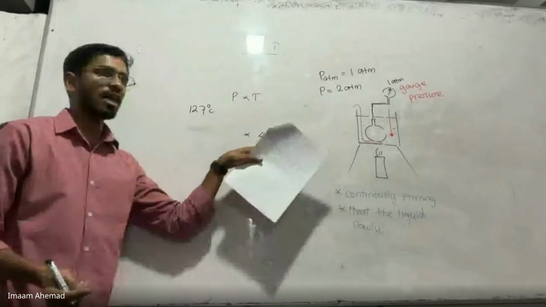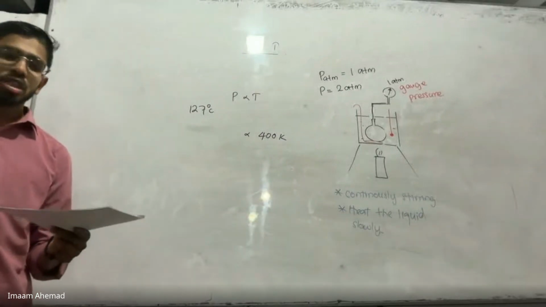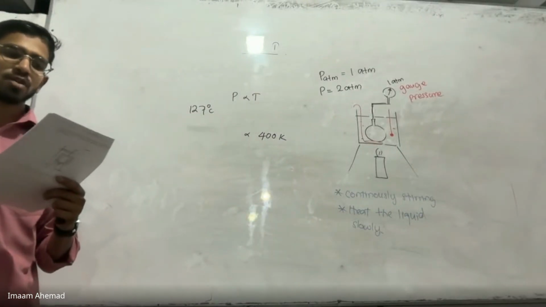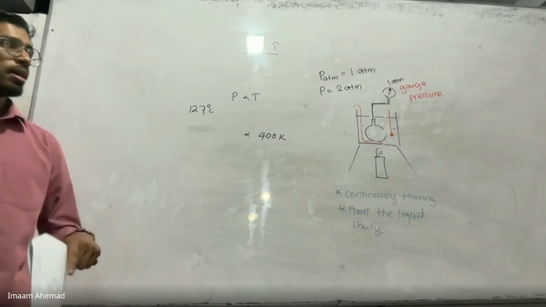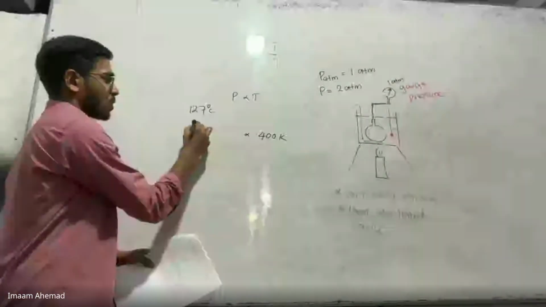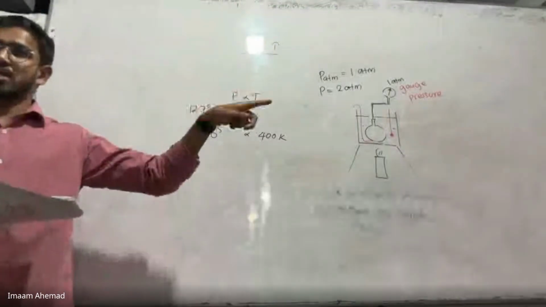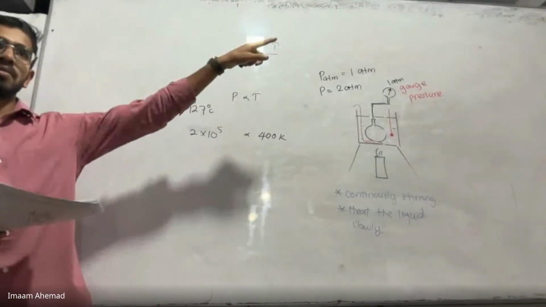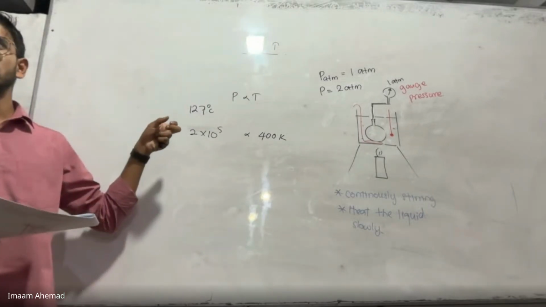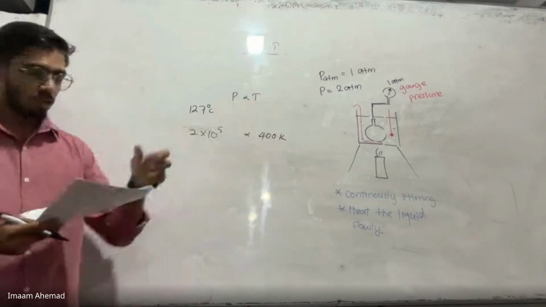They say it is reading 1 into 10 to the power 5 Pascal. Atmospheric pressure is 1 into 10 to the power 5. That's the gauge pressure, but the actual pressure is 2 into 10 to the power 5, which is proportional to 400 Kelvin.